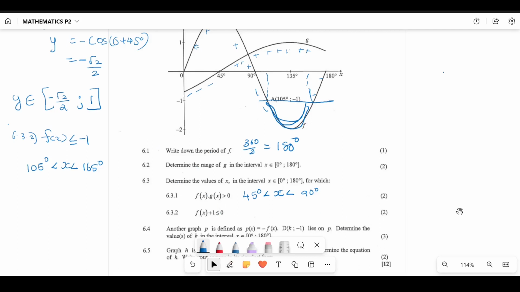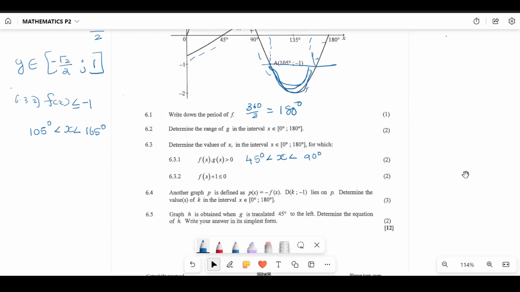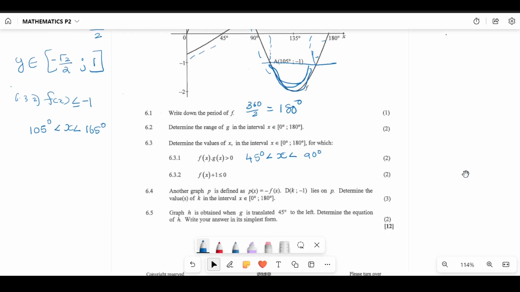Now in 6.4, another graph P is defined as p of x equal to negative f of x, and the point D(k; negative 1) lies on P. Determine the values of k in the interval 0 to 180. Okay, so we can write the equation of p of x.